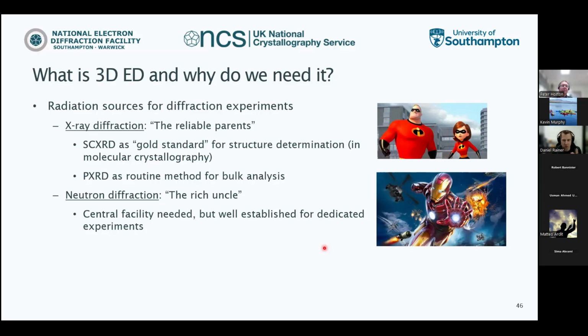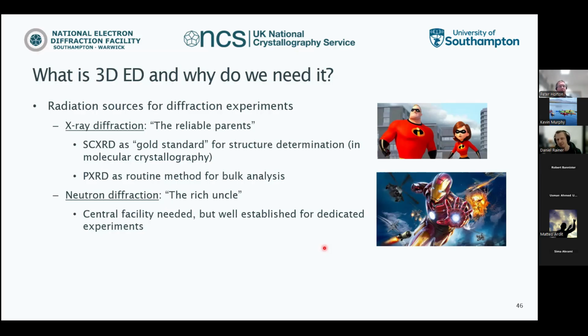There's one place in the UK where it can be done. If the scientific question calls for this, it is perfectly well suited. However, it's only available in one place. There are other sites in the world, but these are quite sought after, so it can be quite difficult to get time and get these measurements done.